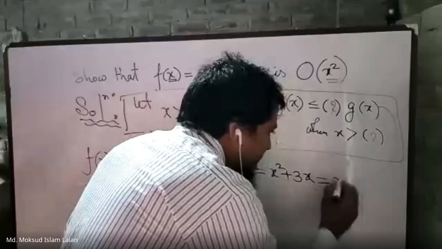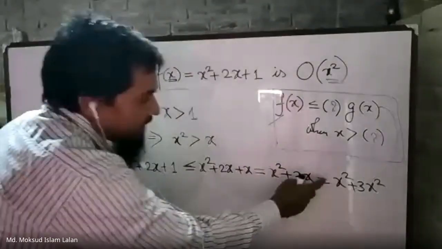Here we again need to give x square square plus. So should I write equal here? No, sir. It will be greater than. Definitely it will be greater.